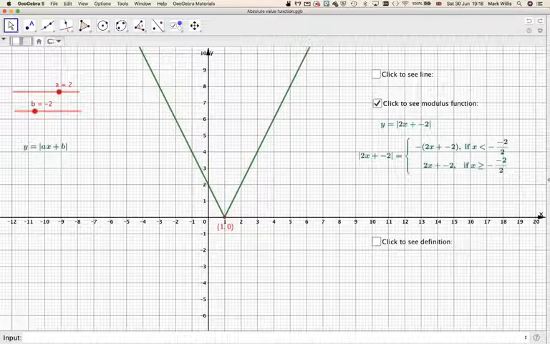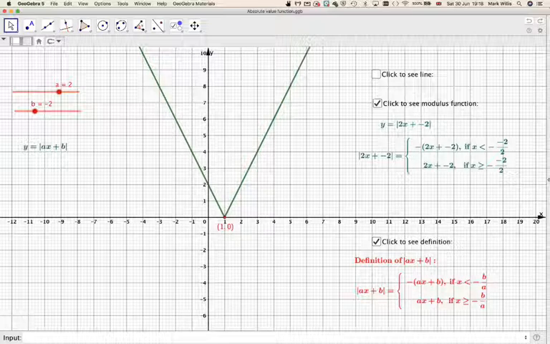So the formal definition is that the absolute value of ax plus b is going to be equal to minus brackets ax plus b if x is less than minus b over a, and ax plus b if x is greater than minus b over a. So you have to do negative the whole function, putting the whole function into brackets, if it's less than that particular value.